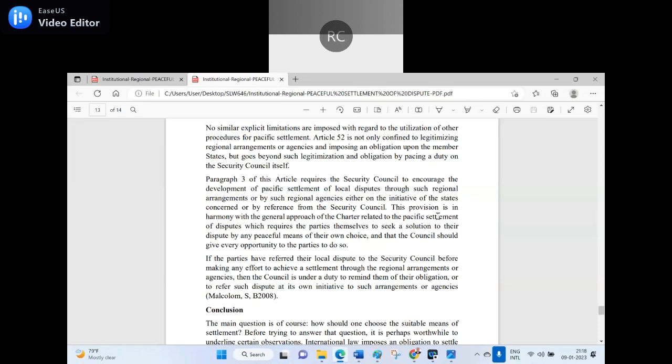Yes, Prof. If any dispute or matter is not resolved by the head of the department of the faculty of law or school of law, then we will approach the dean. If the dean also could not resolve the issue, where do you approach? The Vice Chancellor?